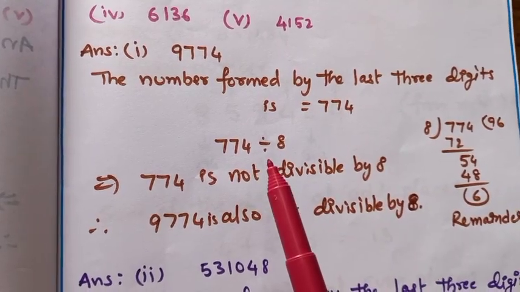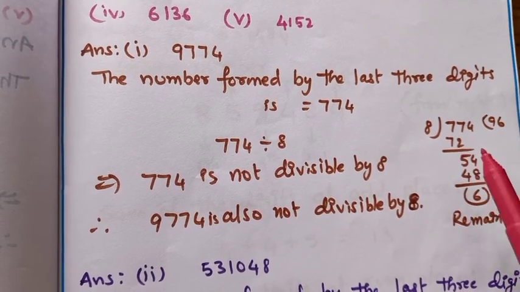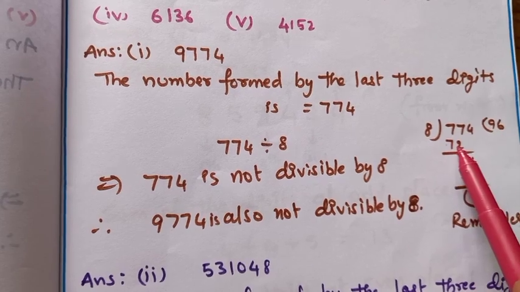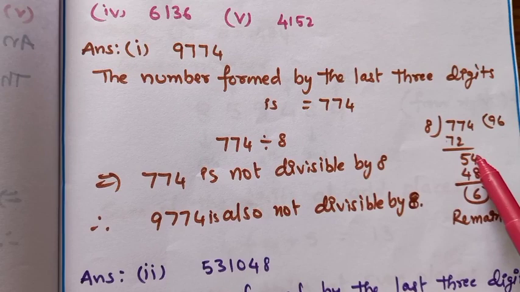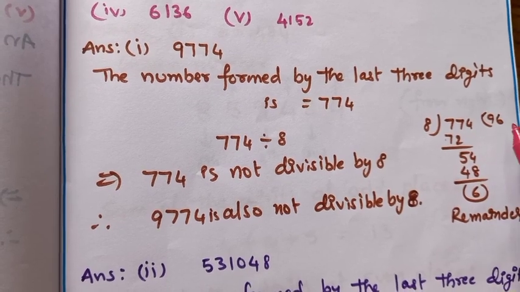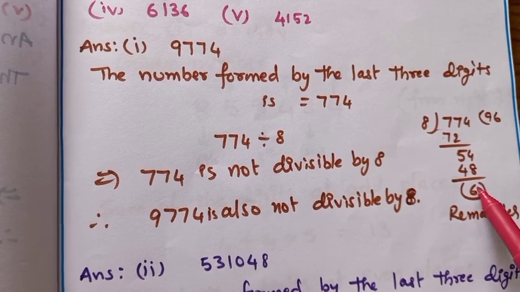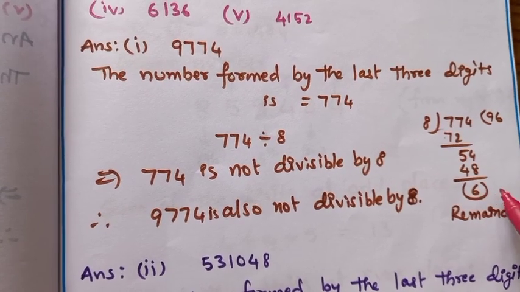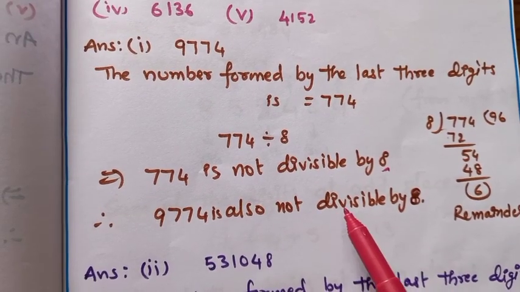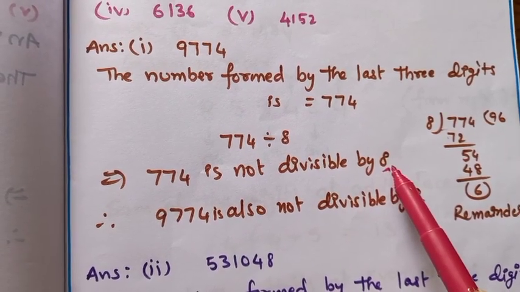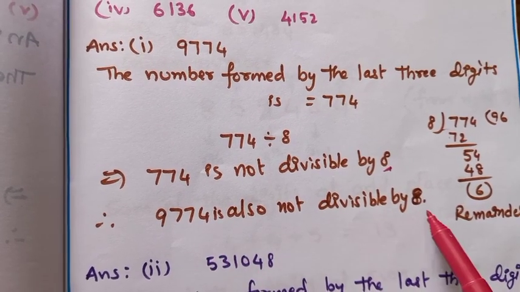Now we will try to divide 774 by 8. 8 nines are 72, 5 is the remainder and we bring down the 4. 8 sixes are 48 and we get the remainder 6. This means 774 is not divisible by 8. According to the divisibility rule of 8, 9,774 is also not divisible by 8.